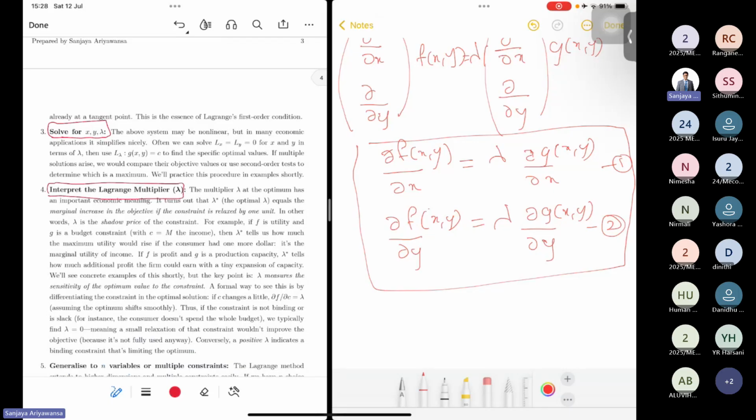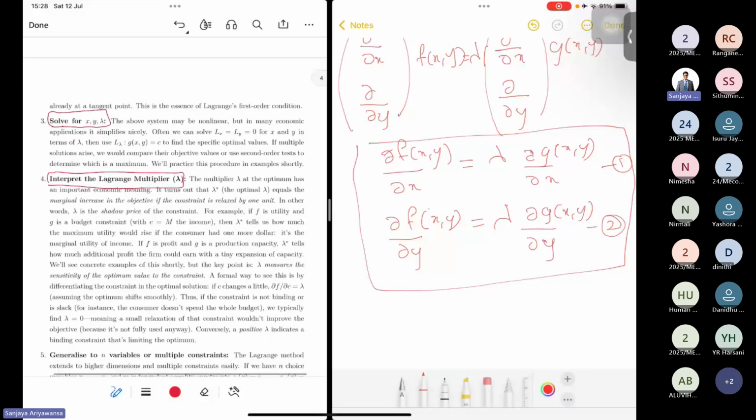So, for example, let's see what I've said here. It turns out that lambda star, the optimal lambda, equals the marginal increase in the objective if the constraint is relaxed by 1 unit. That's the more generalized answer. So what is this optimal lambda that you found? It's the marginal increase in the objective function if the constraint function is relaxed by 1 unit.